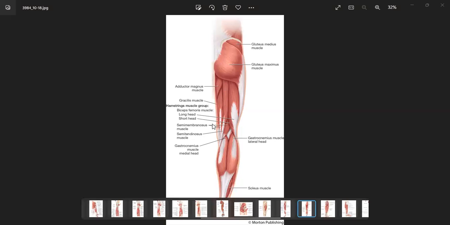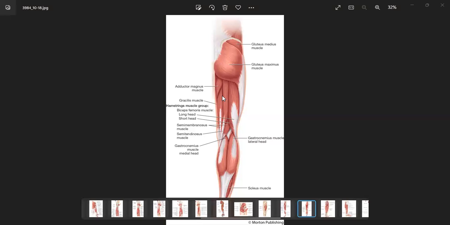When we get to the semimembranosus muscle, this guy has a couple parts of it that we'll be able to see posteriorly. The bulk of the muscle that we'll be able to observe will be more medial of the hamstring group muscles. It has the job of extending the thigh at the hip, flexing the knee, and rotating the leg medially.